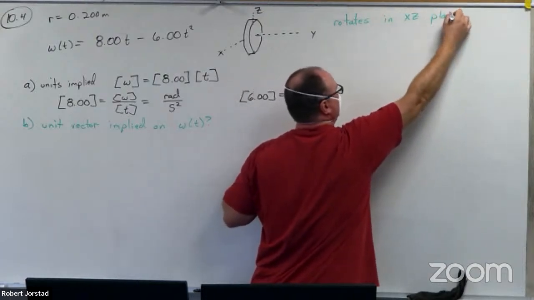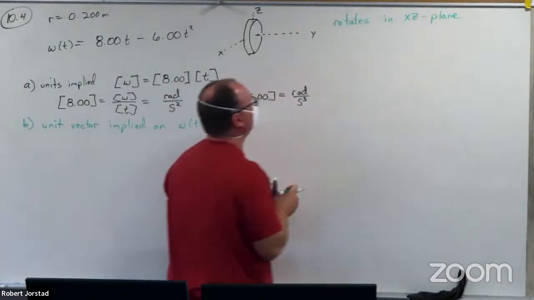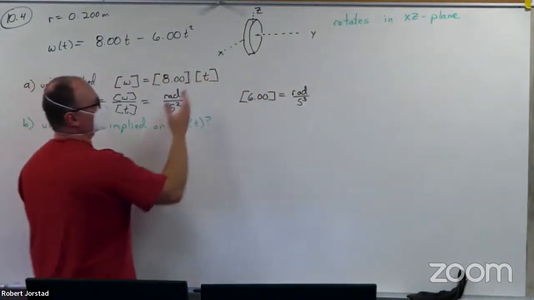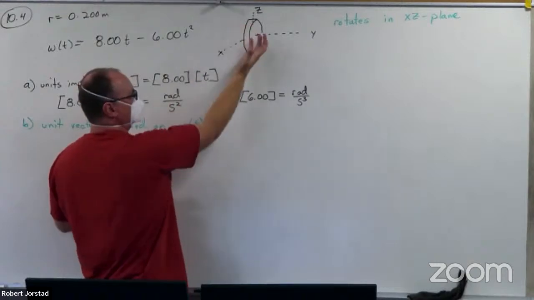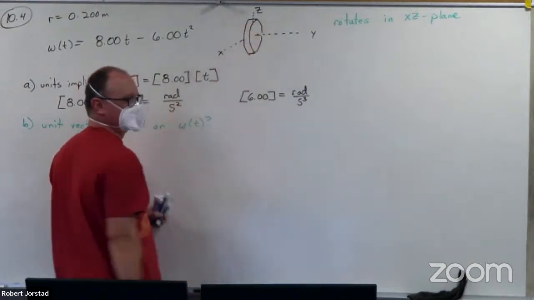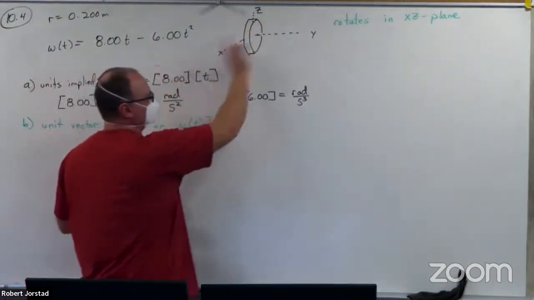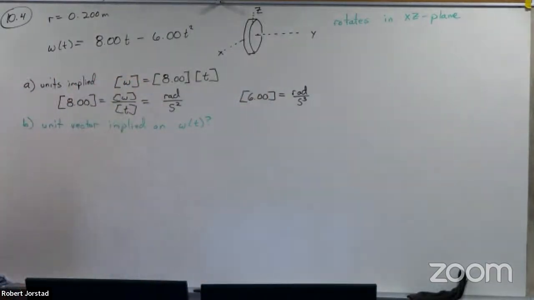Exactly. You know it's not X or Z. Right? If it's rotating this way or that way, the unit vector has to be j hat. Now, because nothing else was specified, the default assumption would be positive j hat.